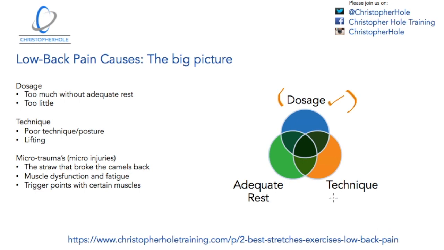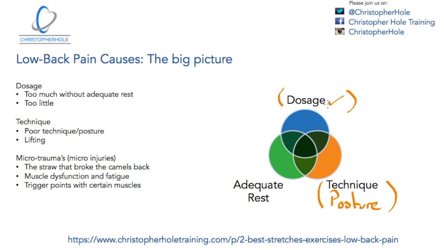Then we've got technique. This can also fall into posture as well. So this is more now about quality. How well are you moving? What's your exercise technique like? Is it adequate enough to minimize pressure on joints?